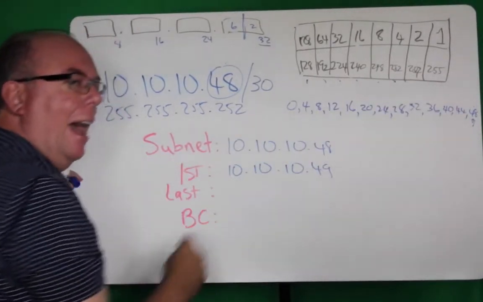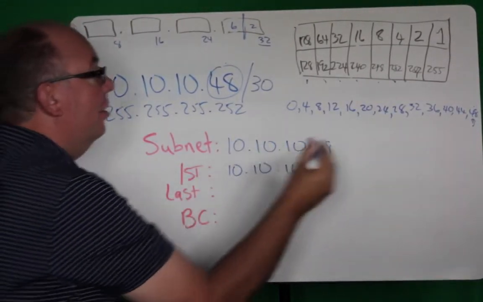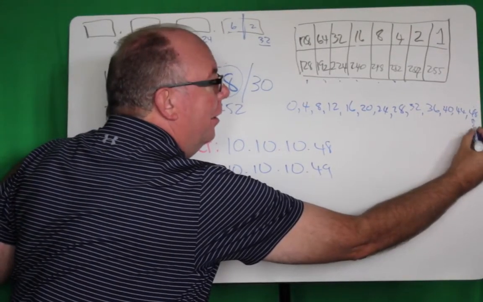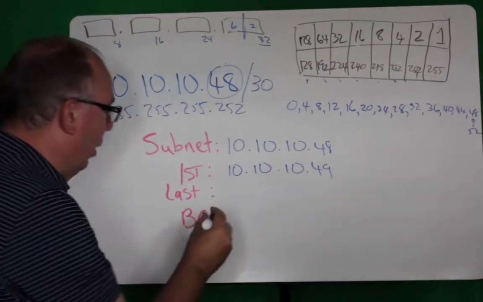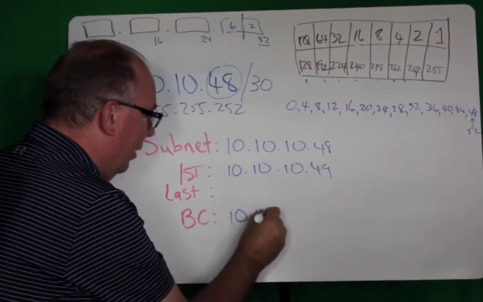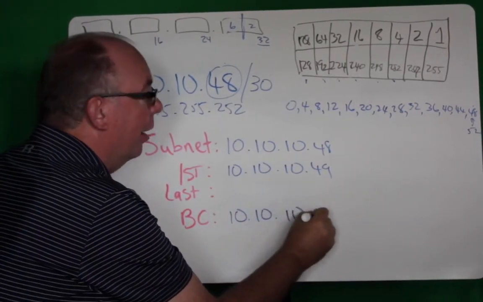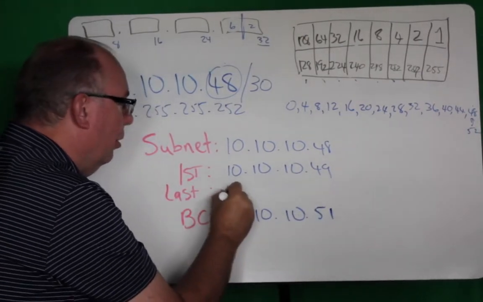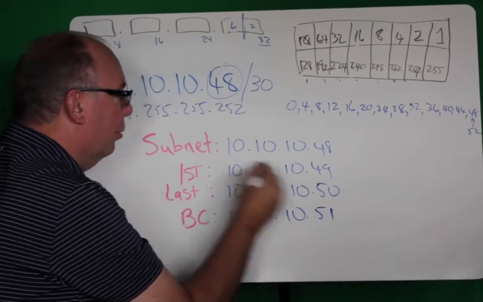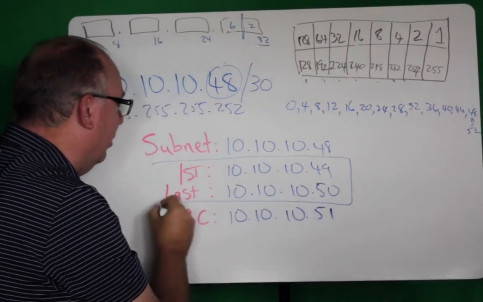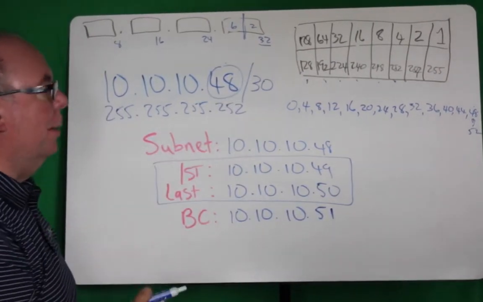The next subnet after that is plus 4, 52. So coming back, 1 would give us the broadcast address, 10.10.10.51. And the last usable address, back 1 again, .50. So there's only 2 usable addresses with the /30 mask.